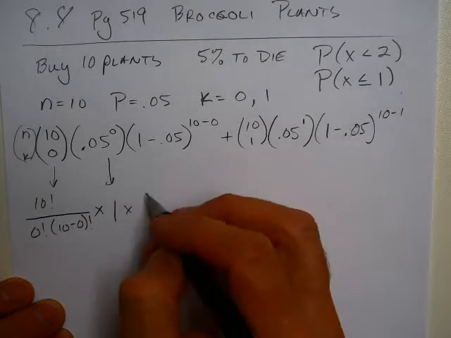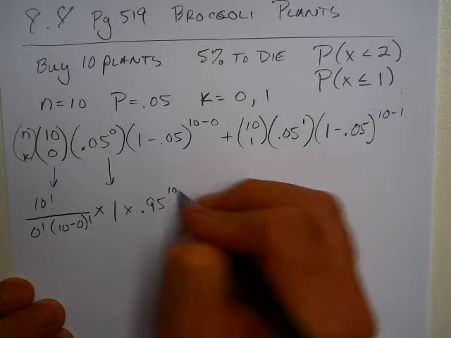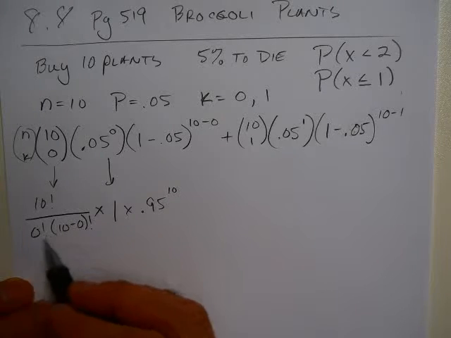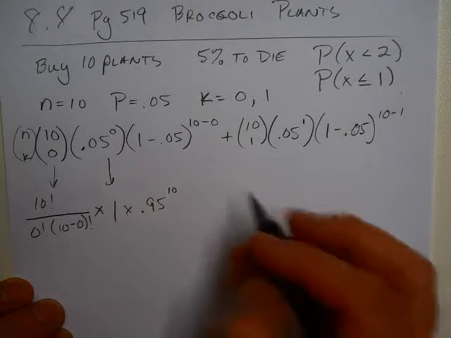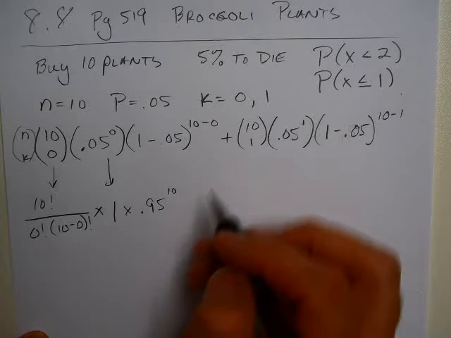And this is going to be 0.95 to the 10th power. Anybody remember what that's going to be? That's 1, right. Yeah, this is 1. So what we end up with here is just 0.95 to the 10th power.